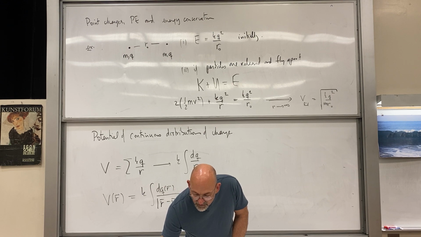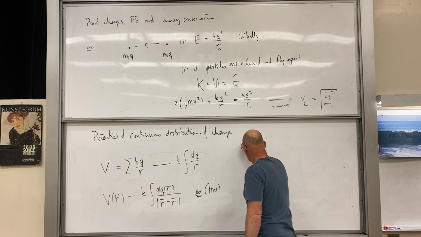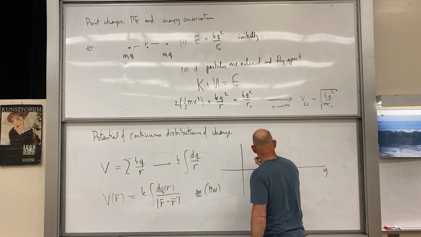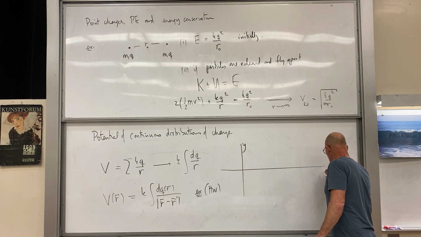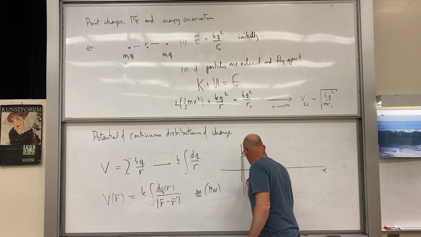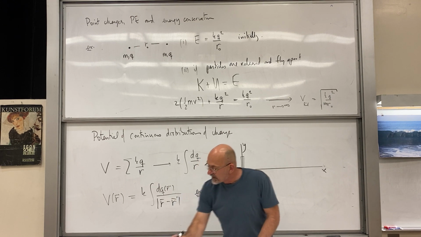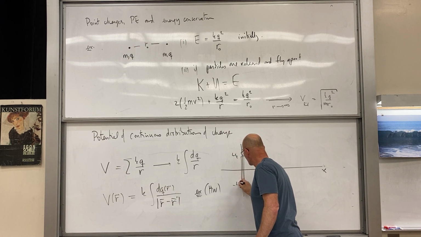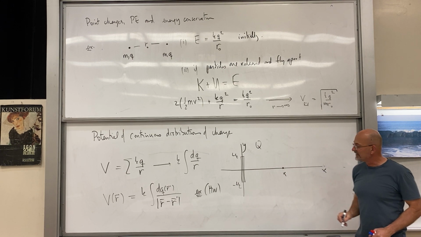So for the homework we have a y-axis here, x-axis here, and we've got a charged rod distributed like this. So I think it's going to be minus L over 2 to plus L over 2. So it's got total Q. And we want the potential at some point x on the x-axis.